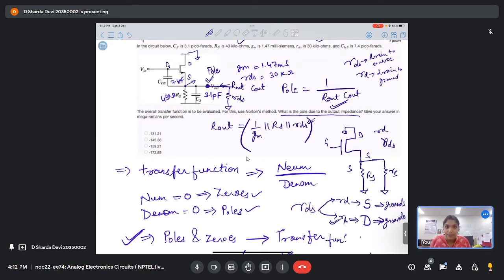This is clear, no? Next thing. Now there is another thing: when you see this type of capacitance between two AC nodes, this capacitance gets shared between both nodes, and this is known as Miller capacitance. Have you heard of this term, Miller capacitance? Miller's theorem.